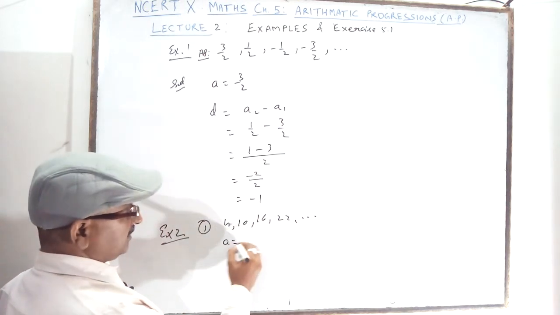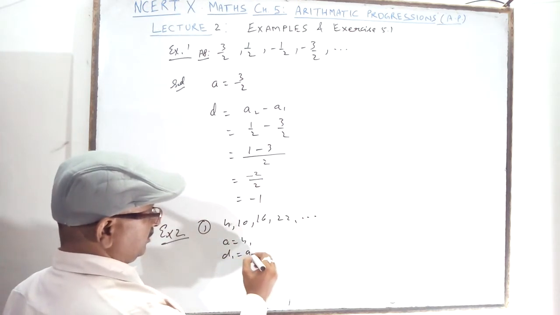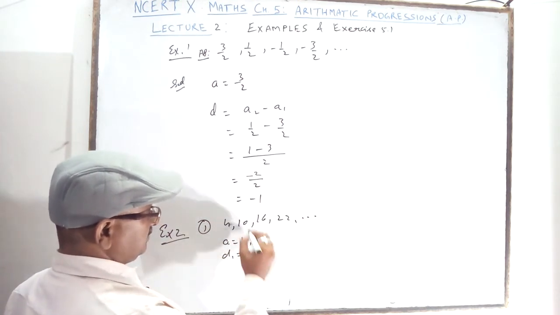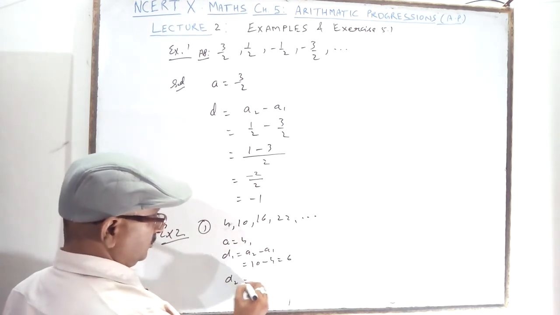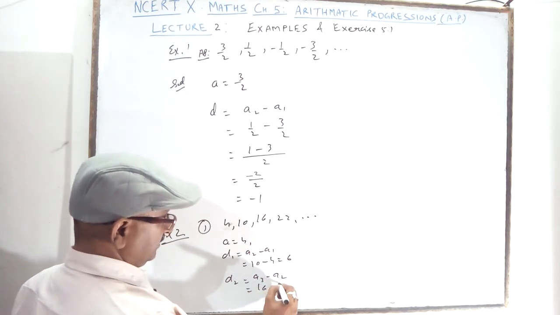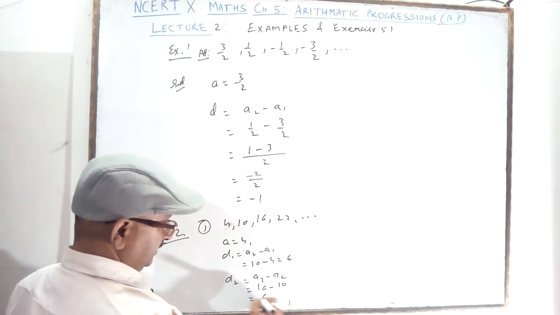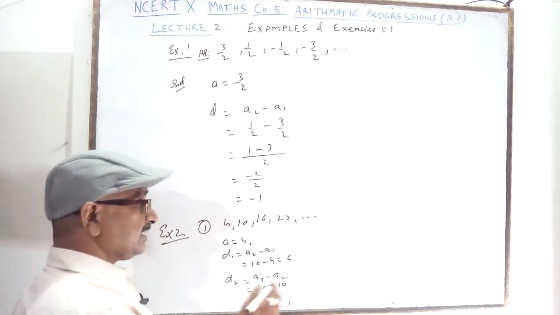So what is the first term? 4. What is D1? A2 minus A1, that is 10 minus 4, 6. What is D2? A3 minus A2, 16 minus 10. You get 6. And what is D3? You can check orally or find it out.